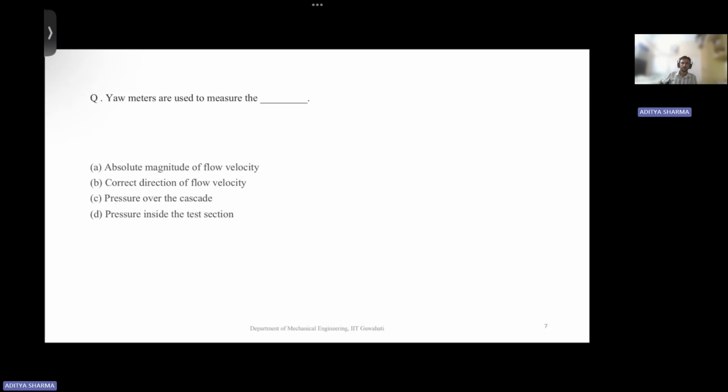Yaw meters are used to measure the absolute magnitude of flow velocity, correct direction of flow velocity, pressure over the cascade, or pressure inside the test section in the wind tunnel. So this has been discussed.